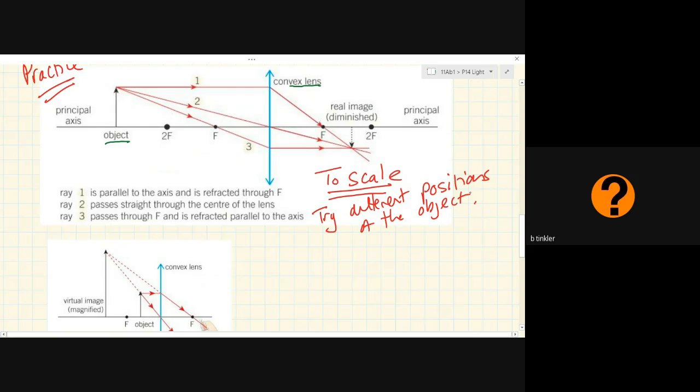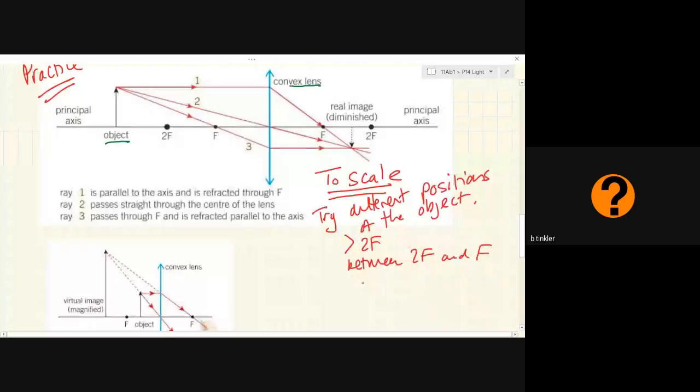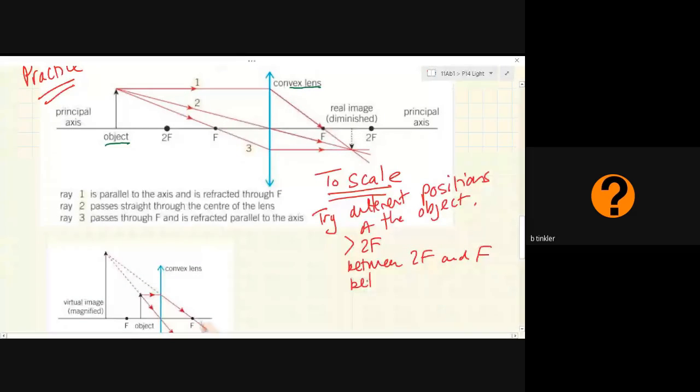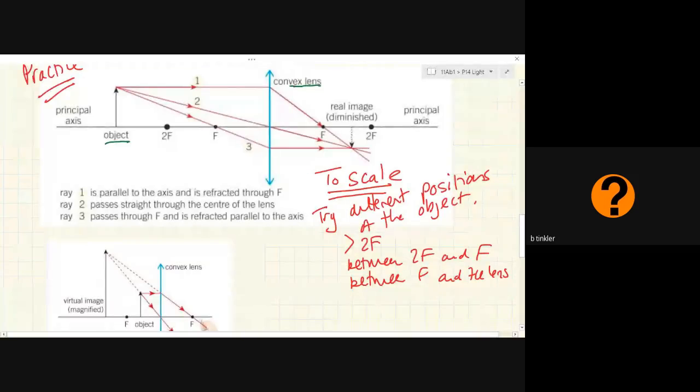Try different positions between 2F, and between F and the lens. Remember, this line is being brought down through the focal point of the lens.